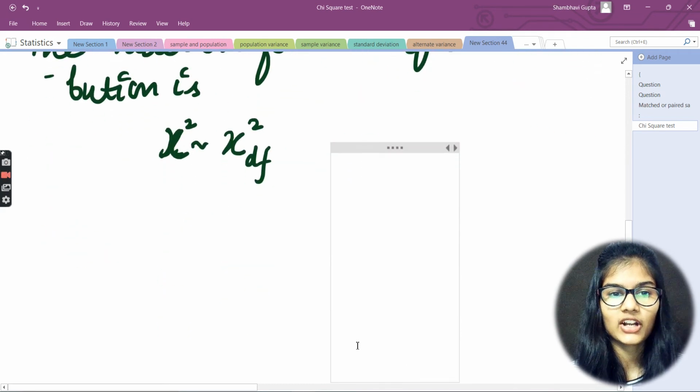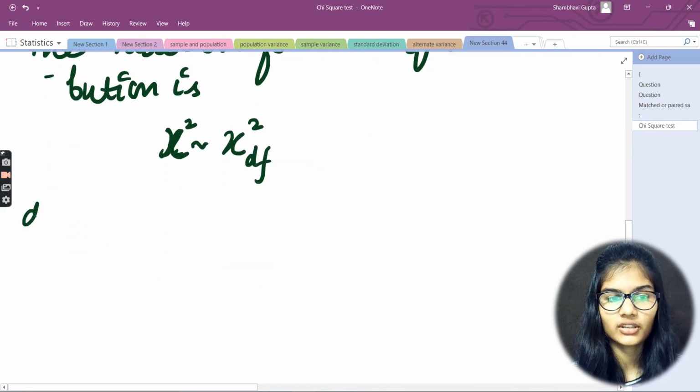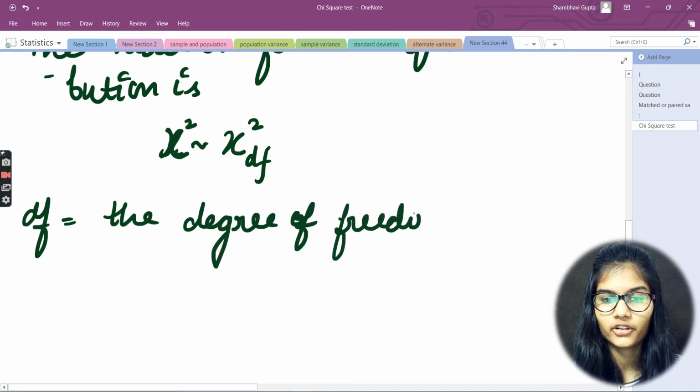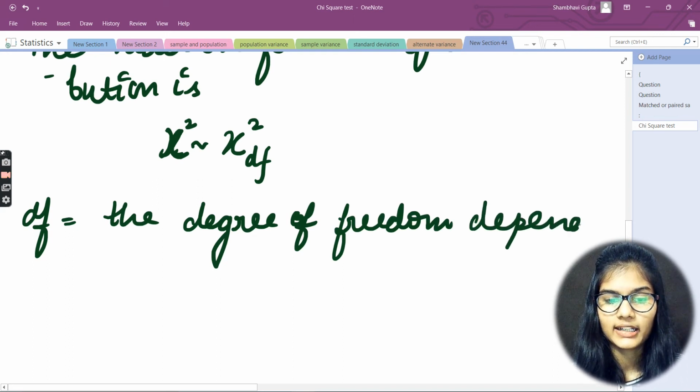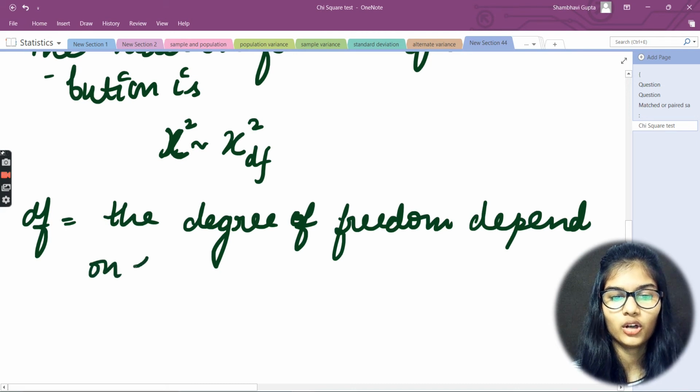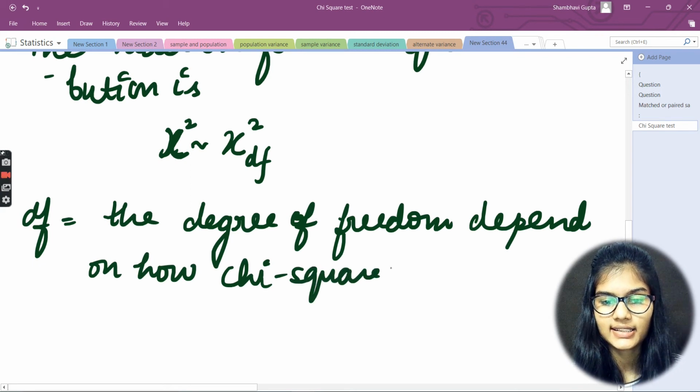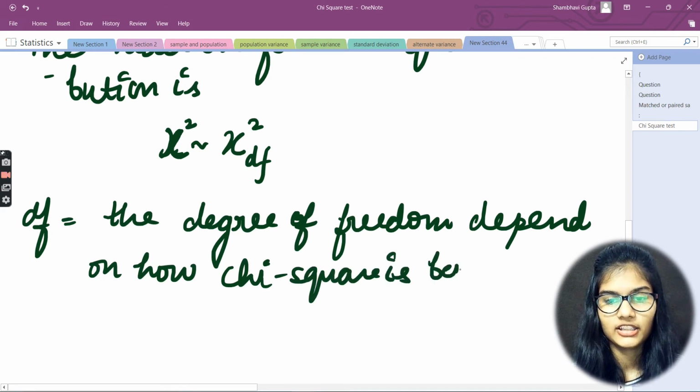Now what does this df actually mean out here? So I would just mention that as well. So df is equal to the degree of freedom, depending on how the chi-square test is being used.